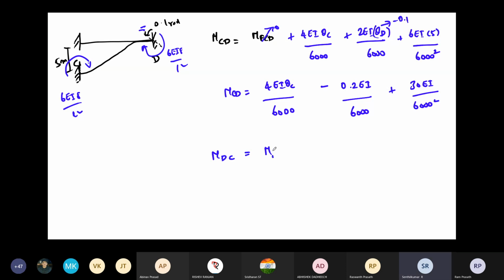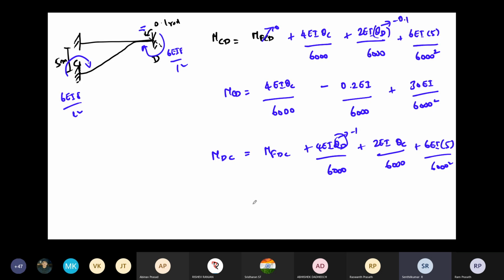M_DC will be the fixed end moment M_DC plus 4EIθ_D by L, that is 6000, plus 2EIθ_C by L, that is 6000. Again it is clockwise, so plus 6EIΔ, Δ is 5 mm, by 6000². Here θ_D is minus 1, an anti-clockwise rotation, minus 0.1.